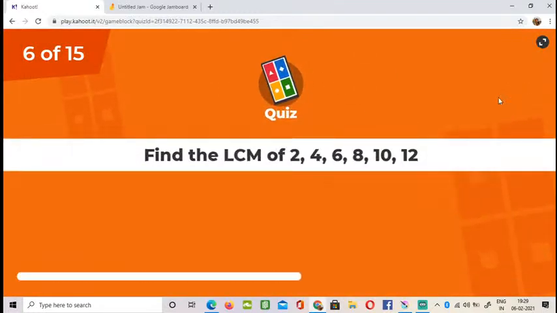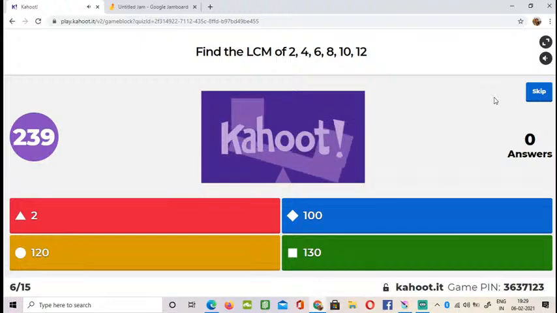So here you have your next question. Find the LCM of 2, 4, 6, 8, 10, 12. Is this going to be easy or tricky? You can answer it so easily.